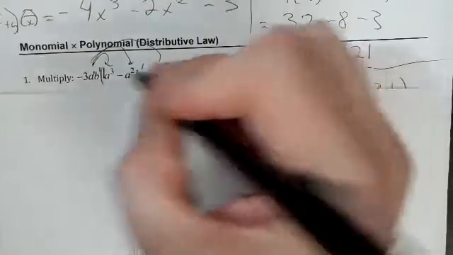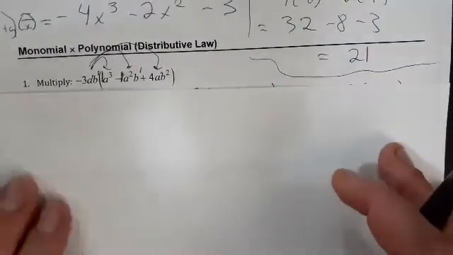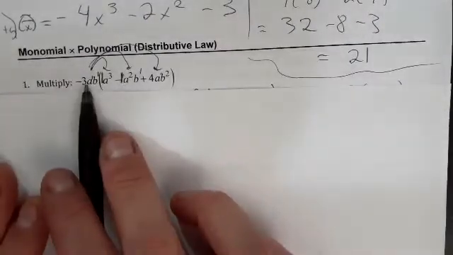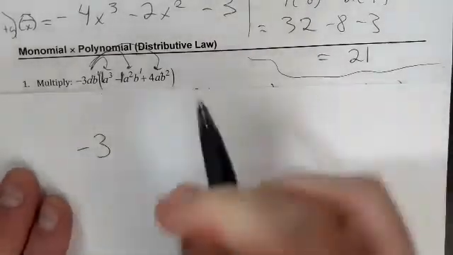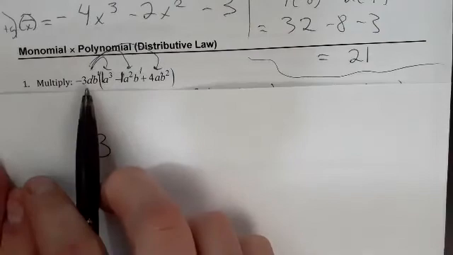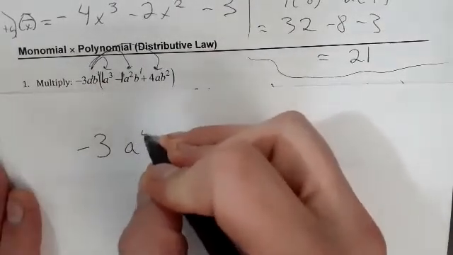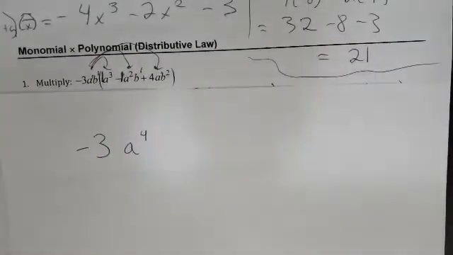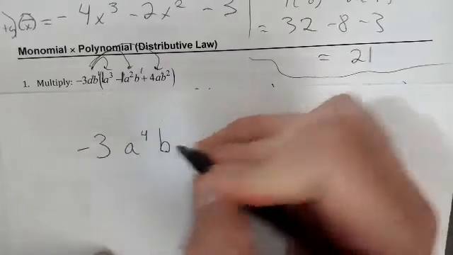If I don't see coefficients, they're 1. So if I look at minus 3ab, the first thing I'm doing is coefficients to coefficients. Minus 3 times 1 will give me minus 3. I have an a to the first power and an a to the third power, so 1 plus 3 should give me 4. And I still have a b I have to account for here.